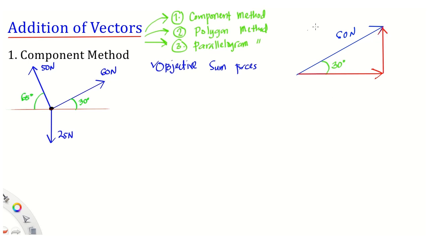Okay, so what we have just done here is that we break the 60 Newton into two components. The name of the first component is called Fx, which is a force that is parallel with the x-axis, and the other one is Fy, which is a force that is parallel to the y-axis.